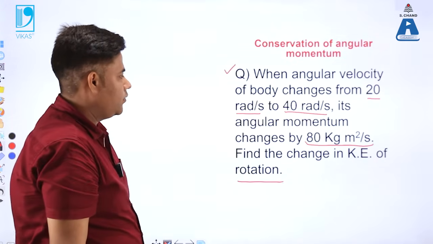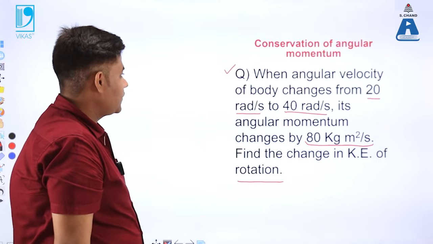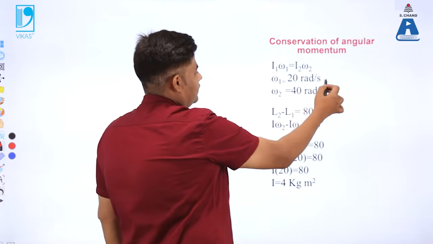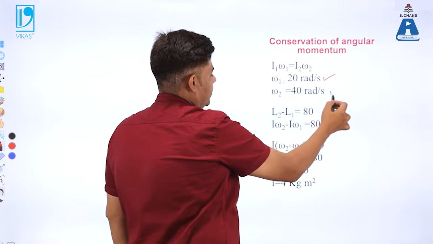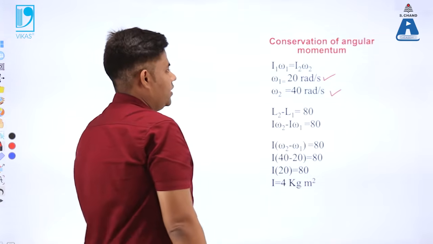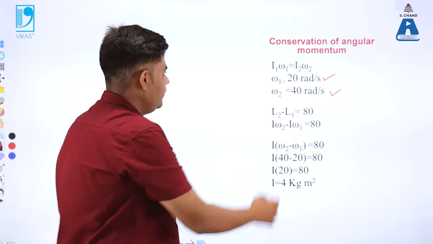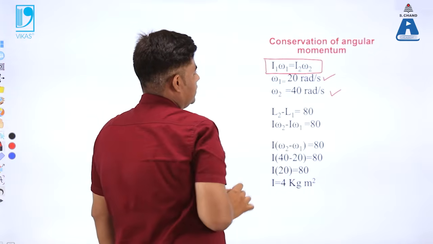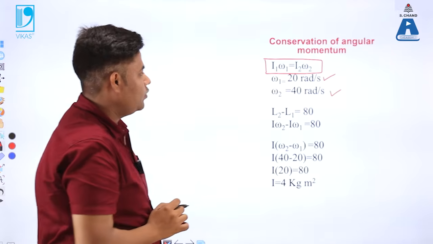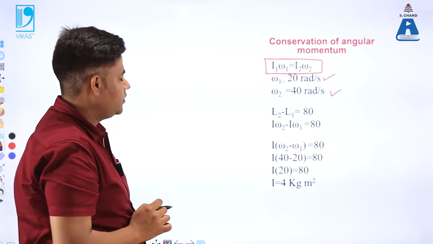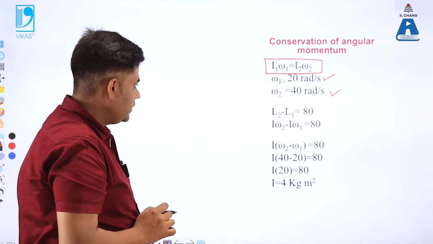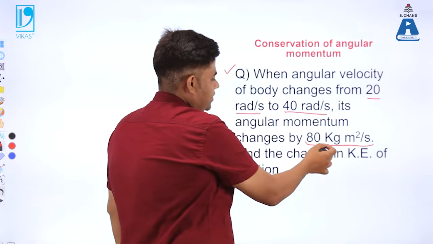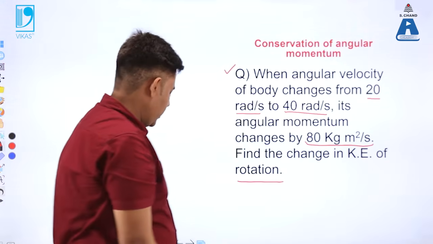So this is a numerical problem. What data do we have? We have omega 1 which is 20 radian per second, omega 2 as 40 radian per second, and we know that angular momentum is conserved. That means I1 omega 1 equals I2 omega 2, and there is also a statement that the angular momentum changes by 80 kg meter square per second.